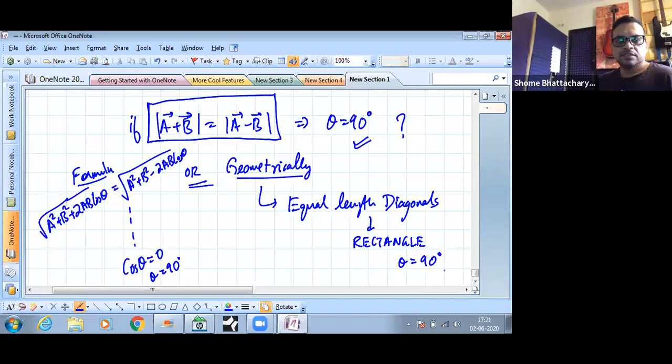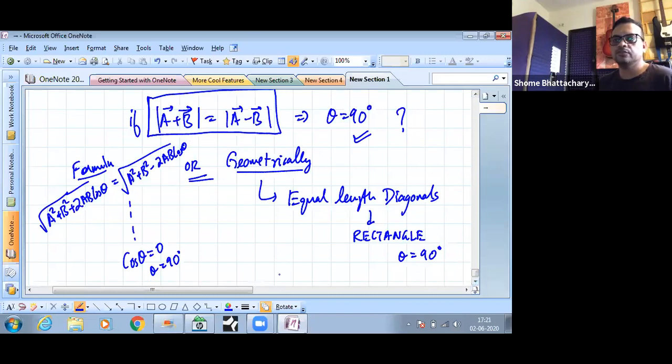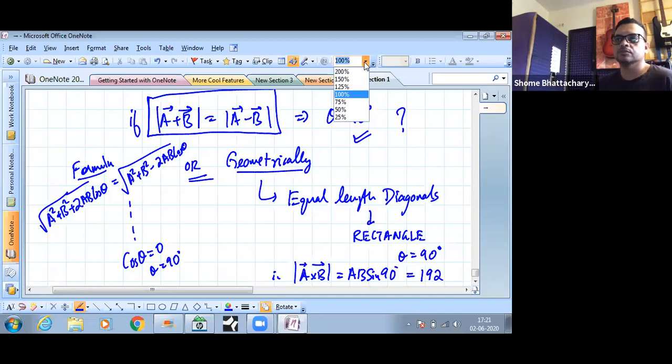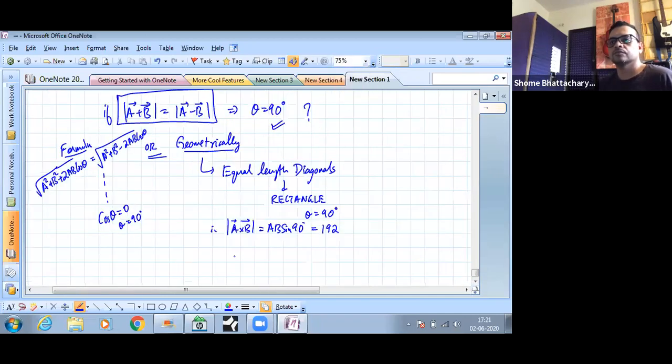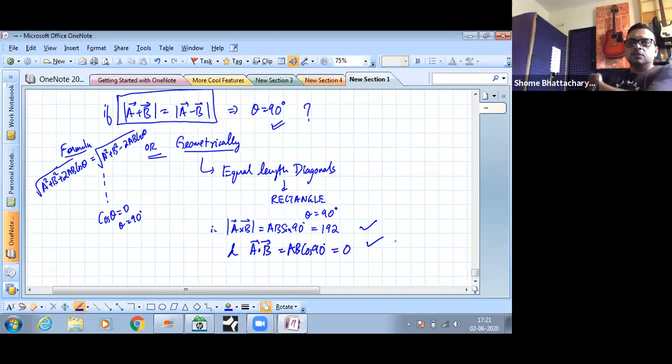Right, and once you are at this step, now know that therefore magnitude of A cross B will become AB sin 90. Yeah, in this case 192, and A dot B will become 0. So this is just to give you an example of the indirect type of questions that can be asked.